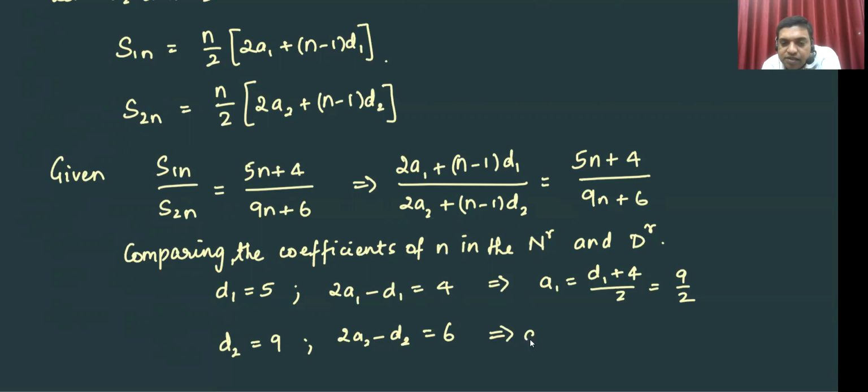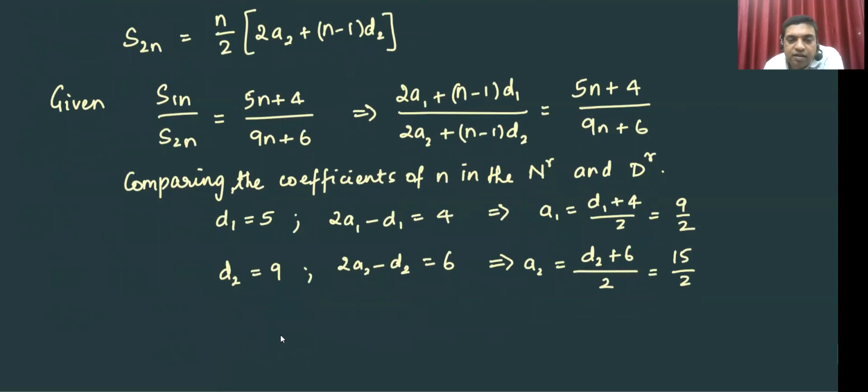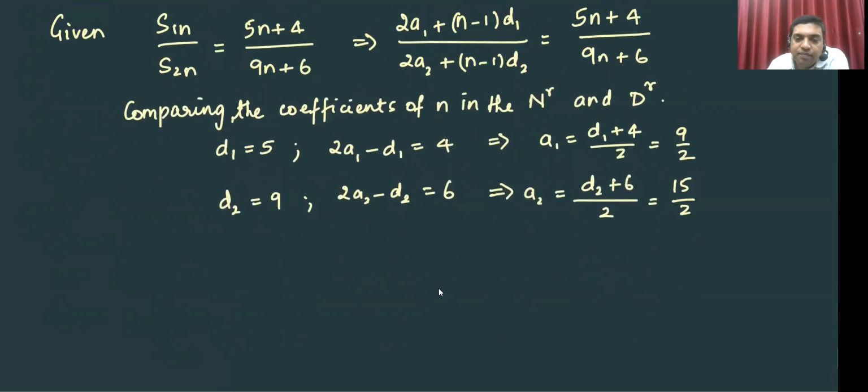So this implies a2 will be d2 plus 6 upon 2, which is 9 plus 6, 15 upon 2. So now you have found d and you have found a1.